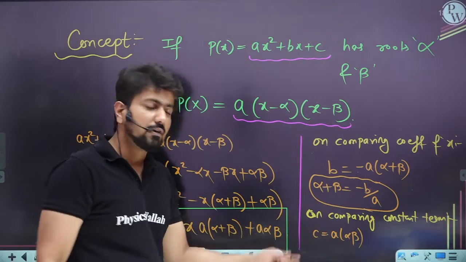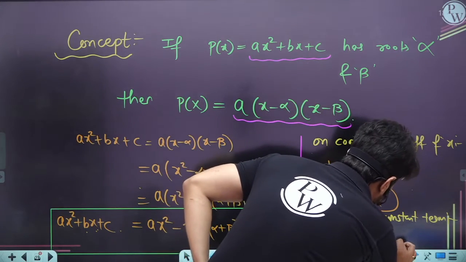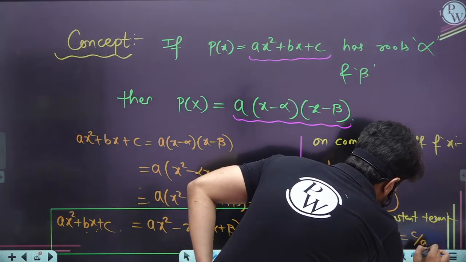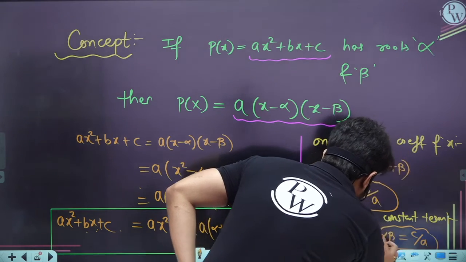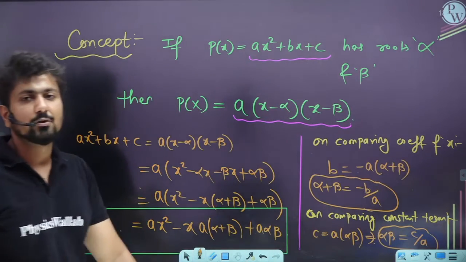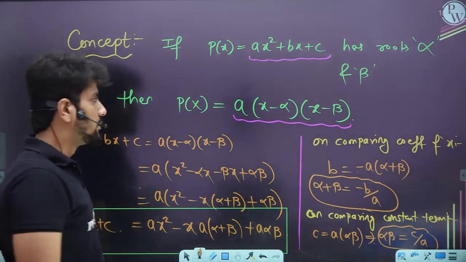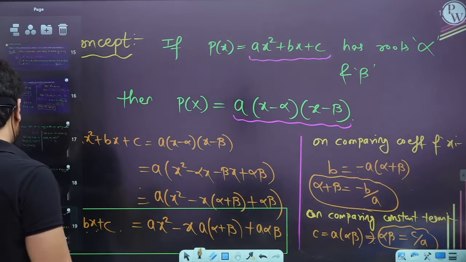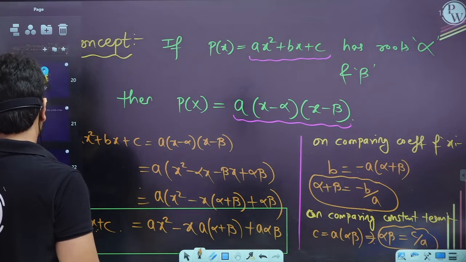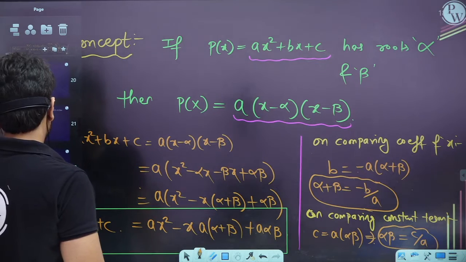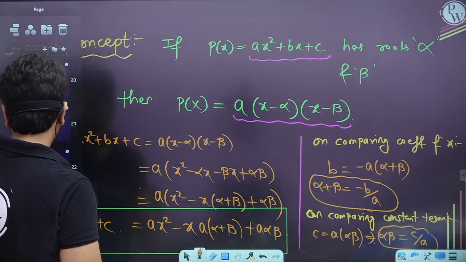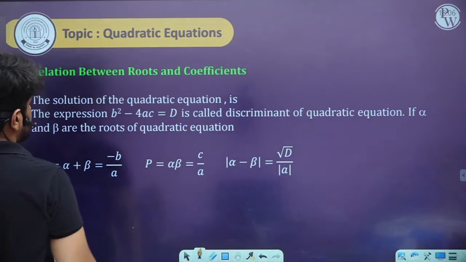So the value for alpha beta is c by a. The value of the product of roots alpha beta is c upon a. So this is where all these things come from.